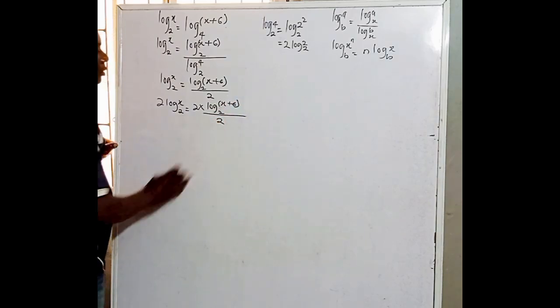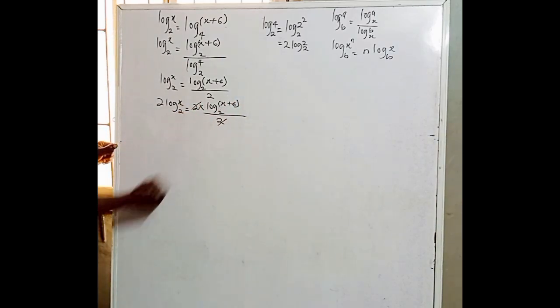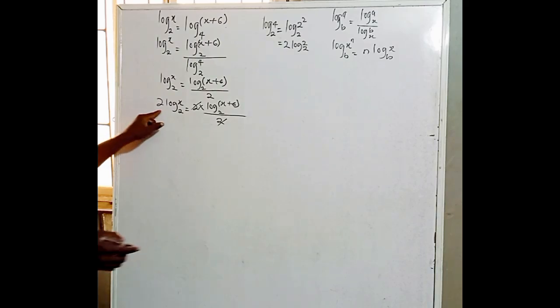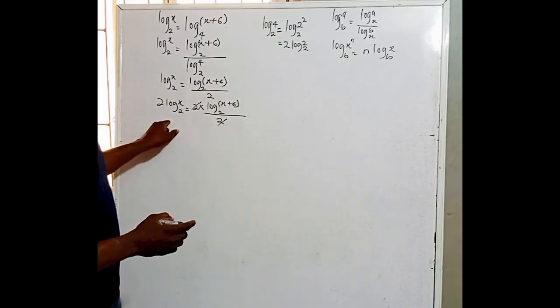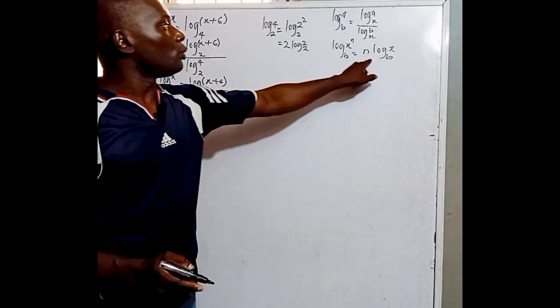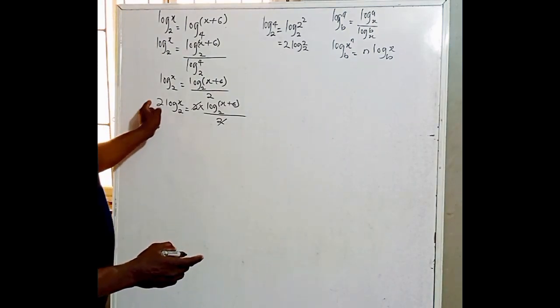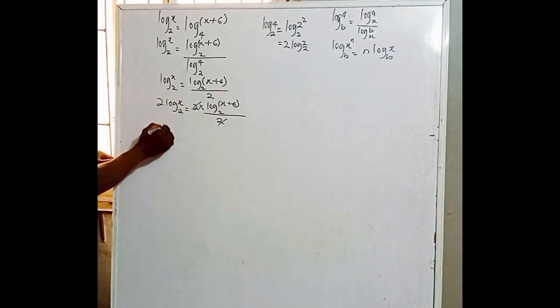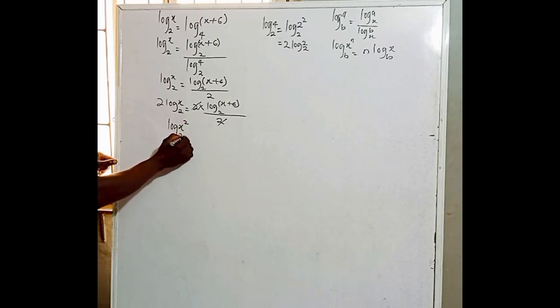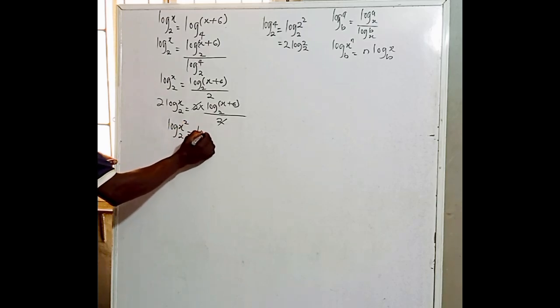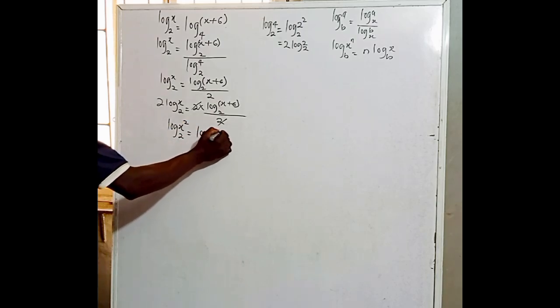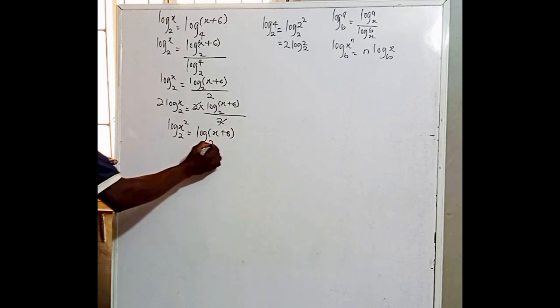So this 2 cancels with this 2. Then we also look at the left hand side here, which tallies with the power rule, so we have to bring the 2 forward. This becomes log x squared to base 2 equals log (x + 6) to base 2.